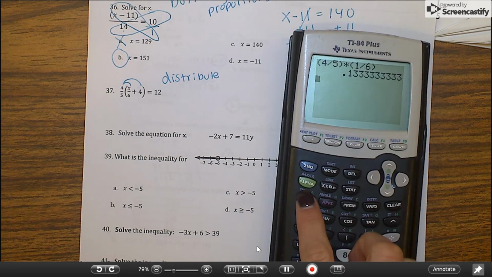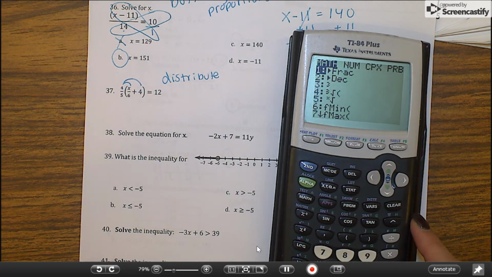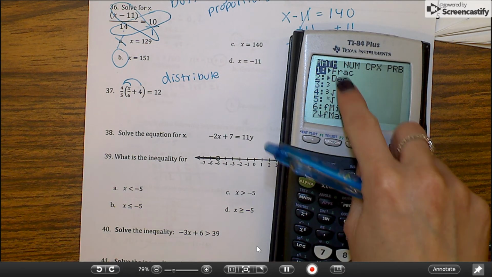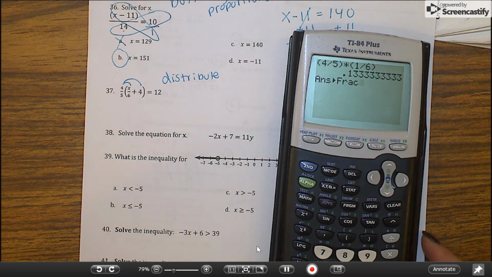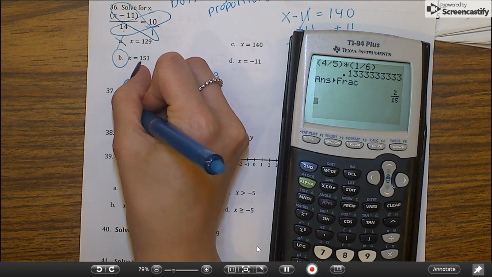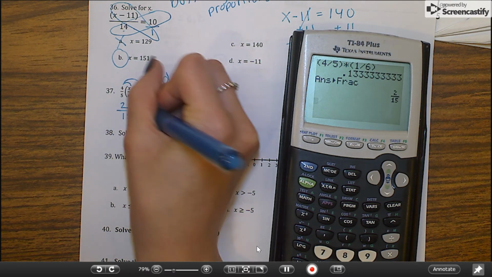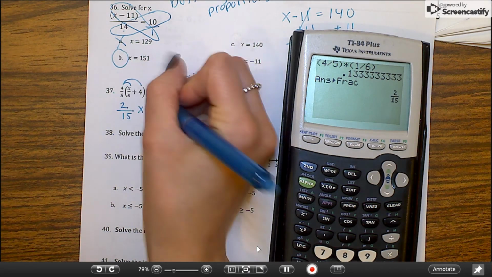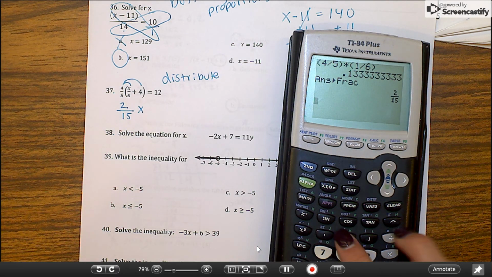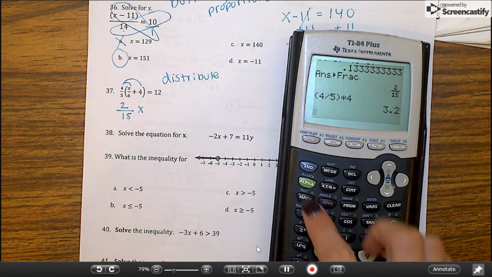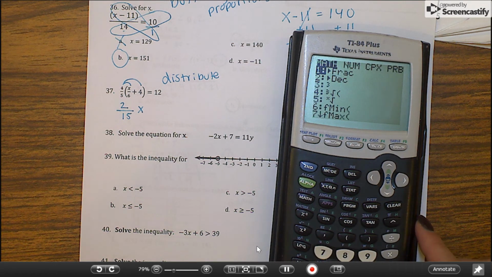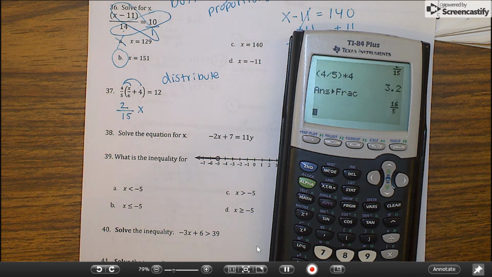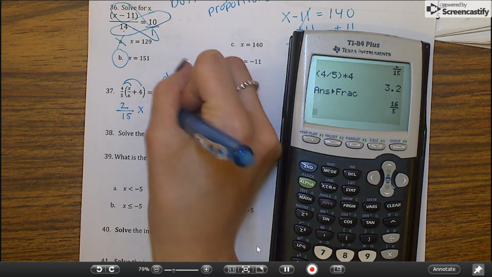If I change that to a fraction, by hitting math and then fraction, enter, I get 2/15. So this is 2/15x. Then I'm going to multiply 4/5 times 4. As a fraction, becomes 16/5.